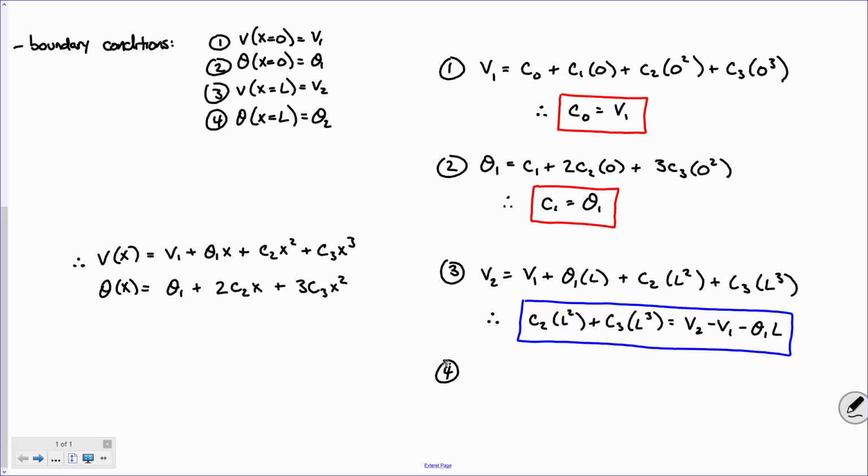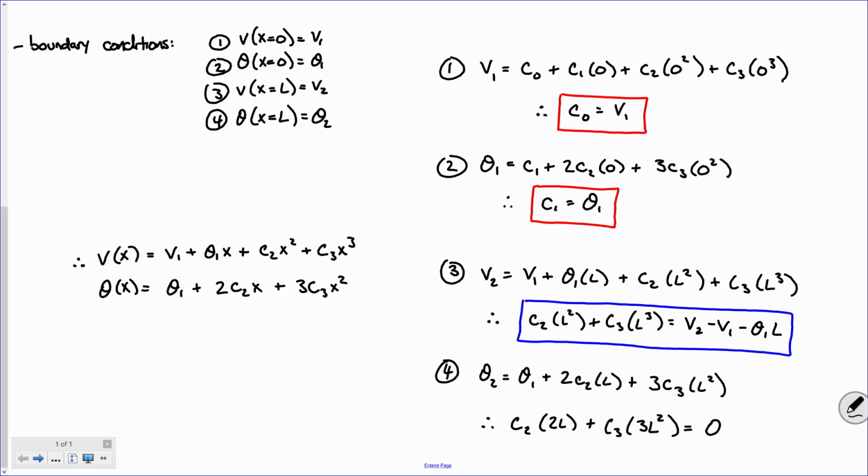So number 4, I'm dealing with the bottom equation. The whole thing's got to equal theta 2. So that's theta 1 plus 2 C2 times L plus 3C3 times L squared, right? So if I rewrite that a little bit, I've got C2 times 2L plus C3 times 3L squared equals theta 2 minus theta 1.